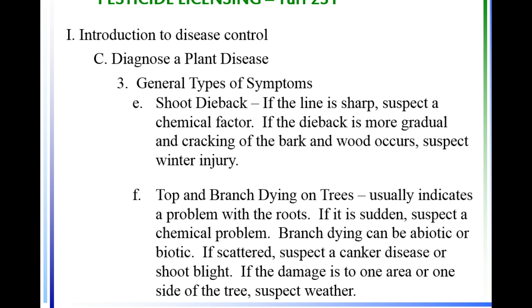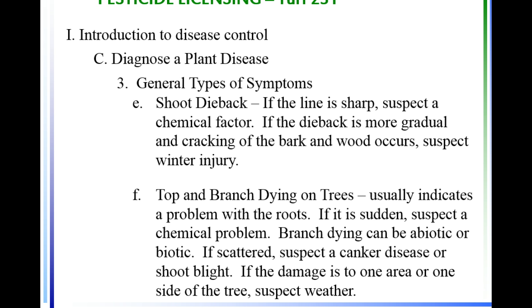Okay, if I have top branches dying on trees, this is normally indicative of a problem with the roots. If it's sudden, then it's probably a chemical problem. But a branch dying can either be abiotic or biotic, so it can be a pathogen or environmental conditions.